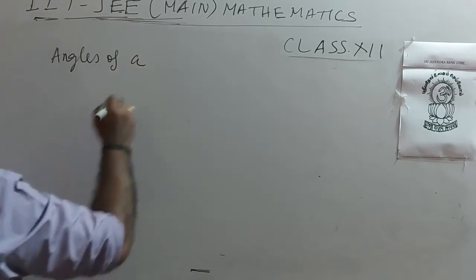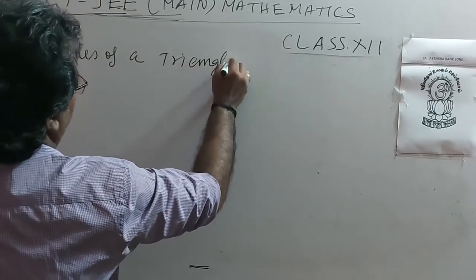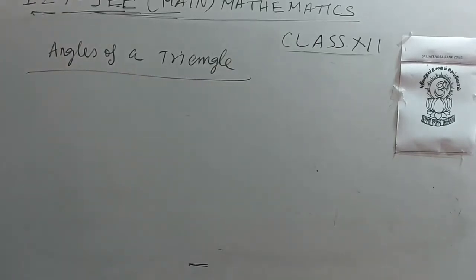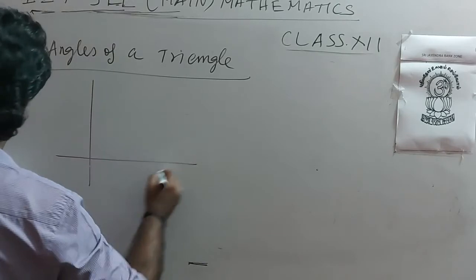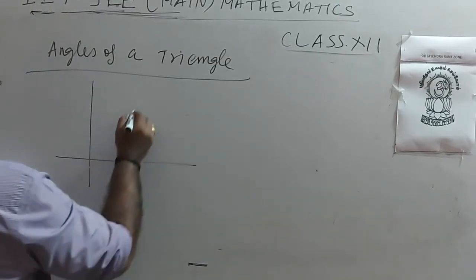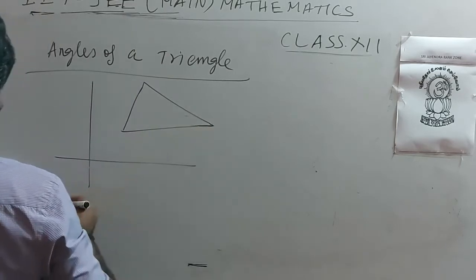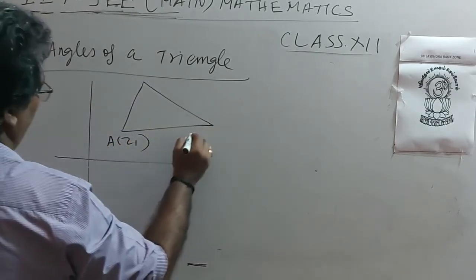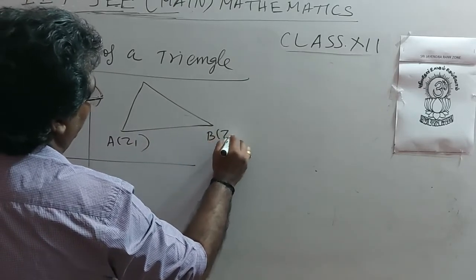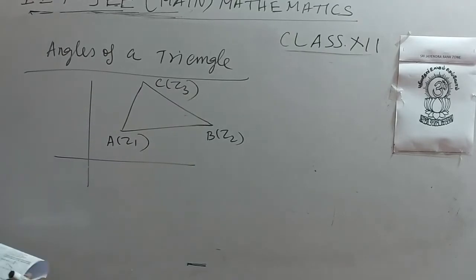Angles of a triangle. A of Z1, B of Z2, C of Z3.